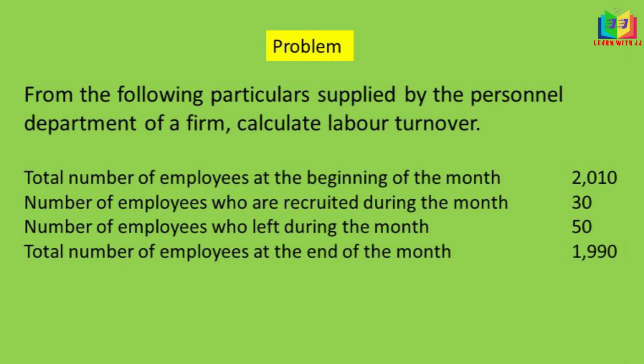Next, number of employees who left during the month is 50 and the total number of employees at the end of the month is 1990. With this information we will calculate the labor turnovers under different methods.